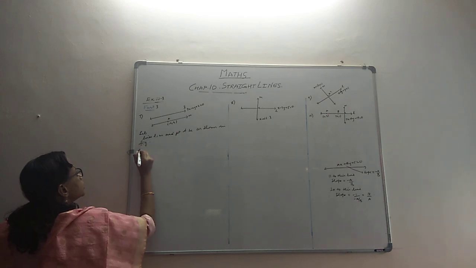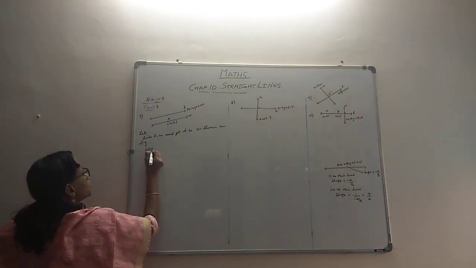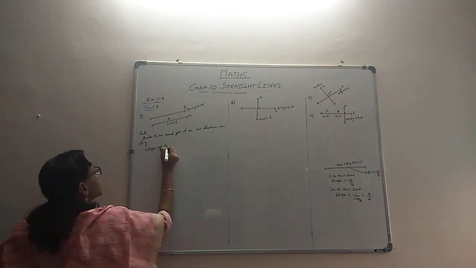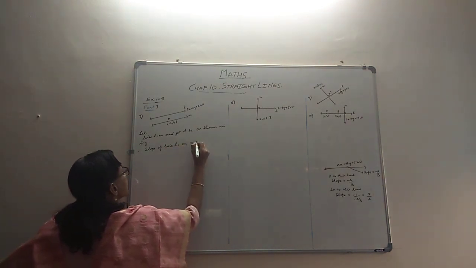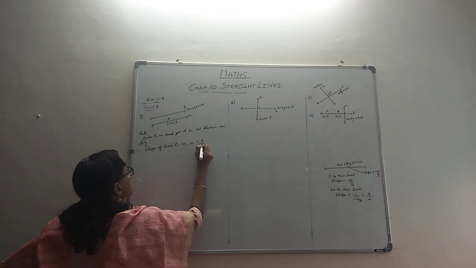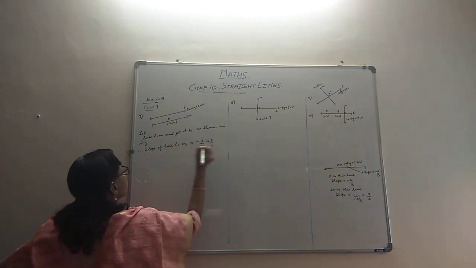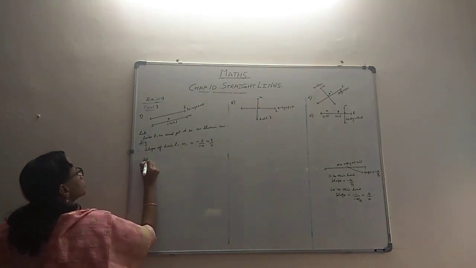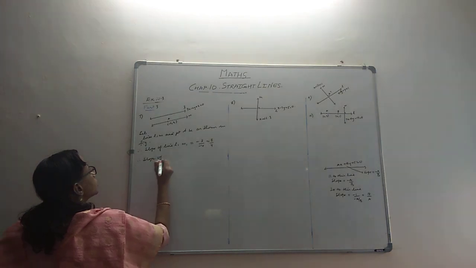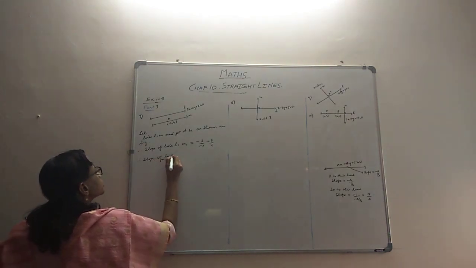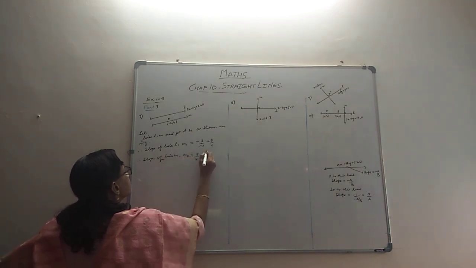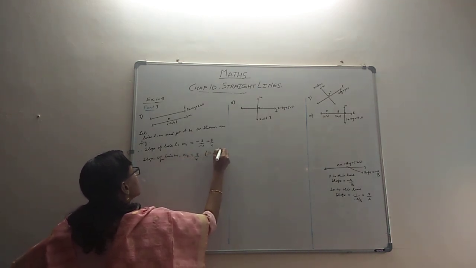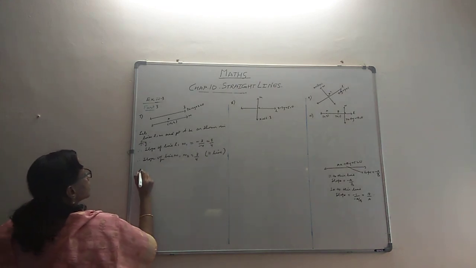Therefore slope of line L, which we plan to call M1, is minus a by b, so comes to 3 by 4, and therefore slope of line M, which is a parallel line, which we call M2, is the same because it's a parallel line, right?